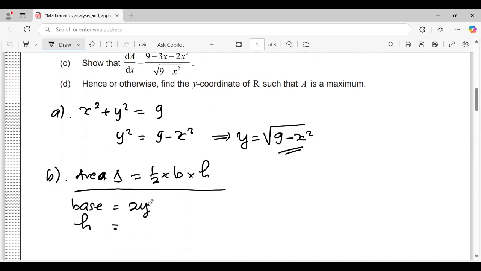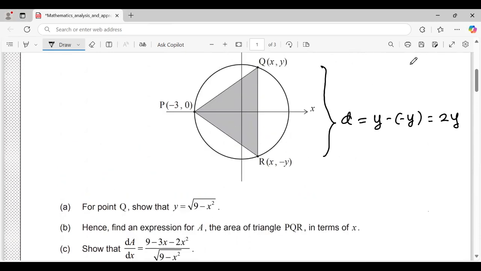Next, the height. I'm going to show you, this point is x, because this straight line is on x, on point x, and this point is minus 3, 0. It means height is the distance between minus 3 and x. So it means x plus 3.